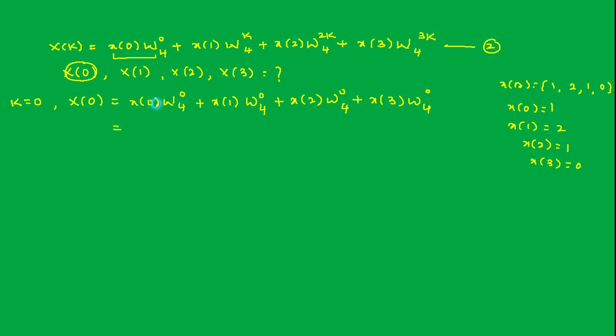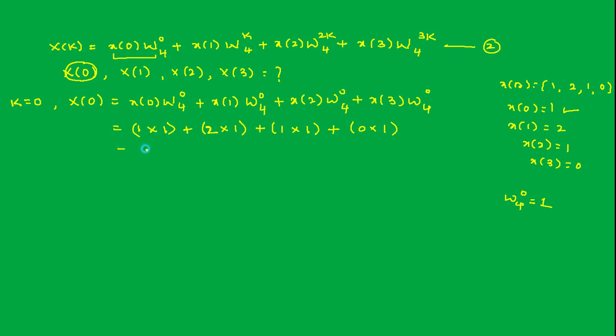So let us simplify. What is x of 0? X of 0 is 1 here. So 1 into w4 raised to 0 is what? W4 raised to 0 is 1, which I already calculated. So it is 1, plus x of 1 value is 2, so 2 into w4 raised to 0 is again 1, plus x of 2 value is 1 into 1, plus x of 3 is 0 into 1.